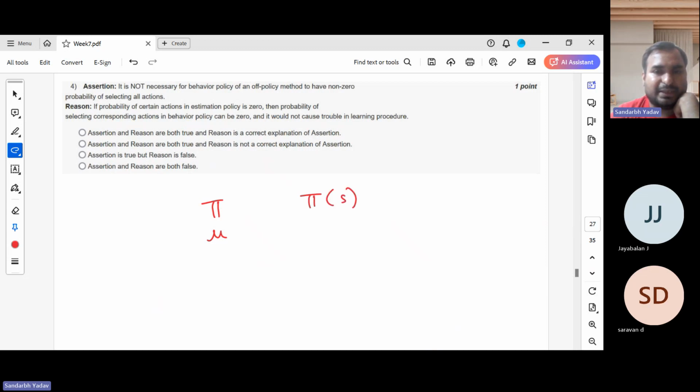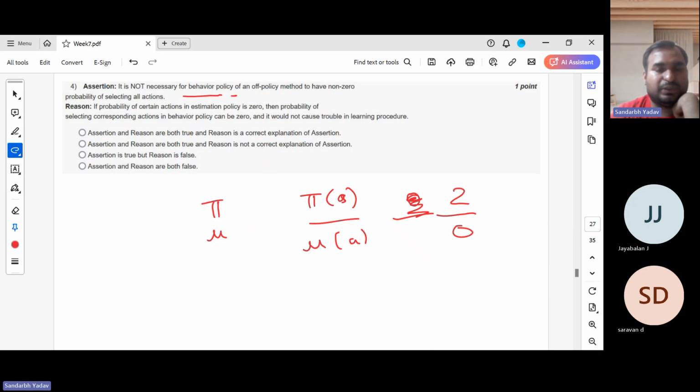We had this kind of ratio: pi of selecting some action over mu, the behavior policy's probability of selecting that action. Theoretically, we wanted to avoid something like division by zero. But is it necessary to always have non-zero probability of selecting all actions? This corresponds to the behavior policy.